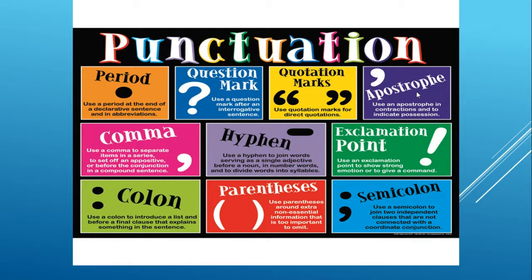The apostrophe goes behind the S because the word boys is already plural. So if you have a word in plural, you must have the apostrophe after the S. Or if you have a name that ends with S, like Jesus' robe, the robe belongs to Jesus. So you have to have the apostrophe after the S because his name ends with an S.